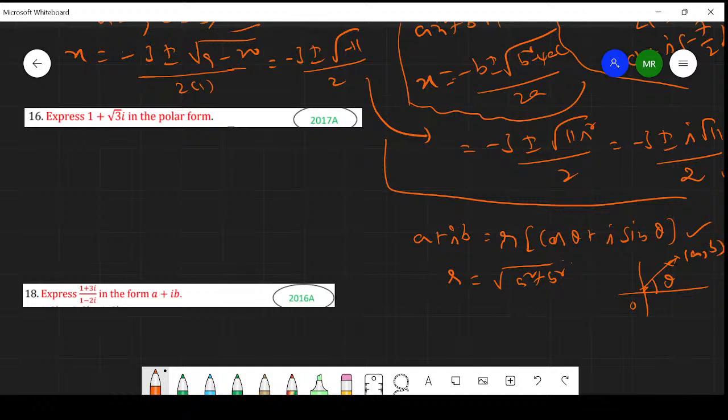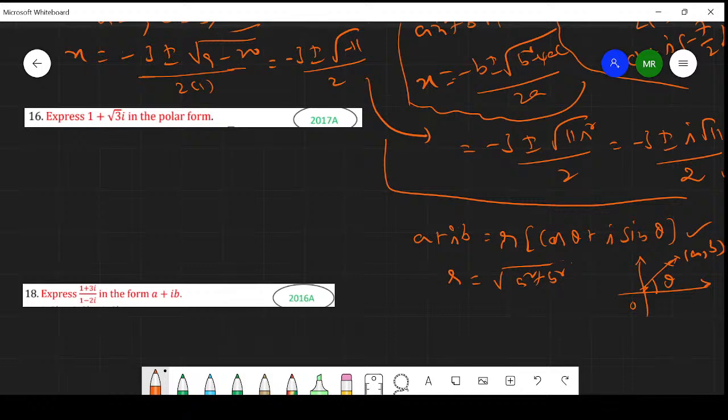This theta is called the amplitude when the complex number is in the first quadrant, and r is called the modulus. If I express it in this form, it is called the mod-amplitude form or polar form of the complex number.